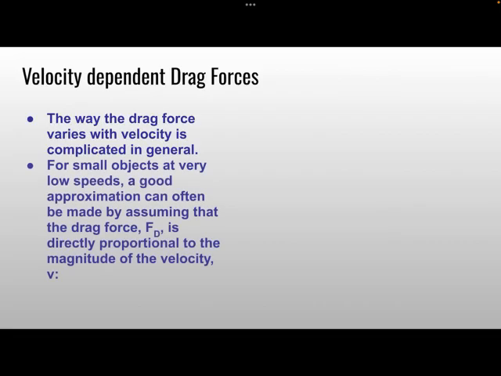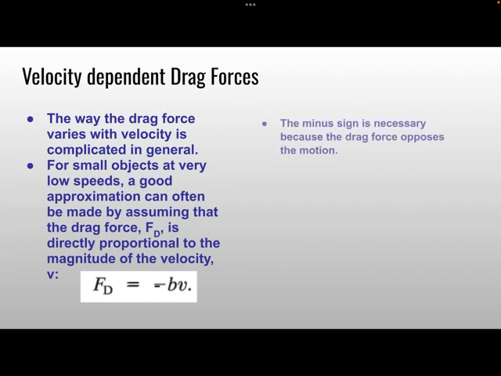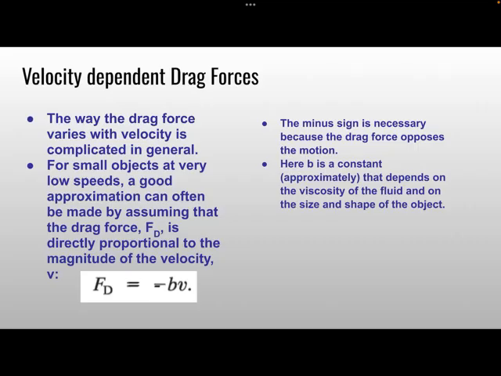However, for small objects at very low speeds, a good approximation can be made if we assume that the drag force is directly proportional to the magnitude of the velocity, such as this. So drag force is going to be equal to minus b times v. Why the minus sign? Because drag force opposes motion.